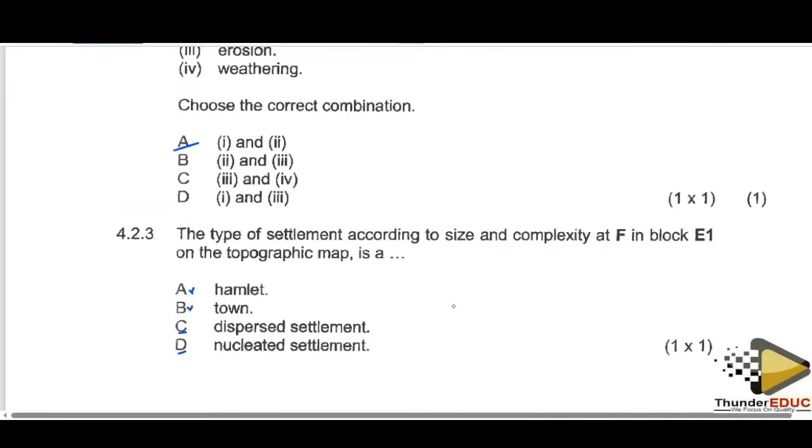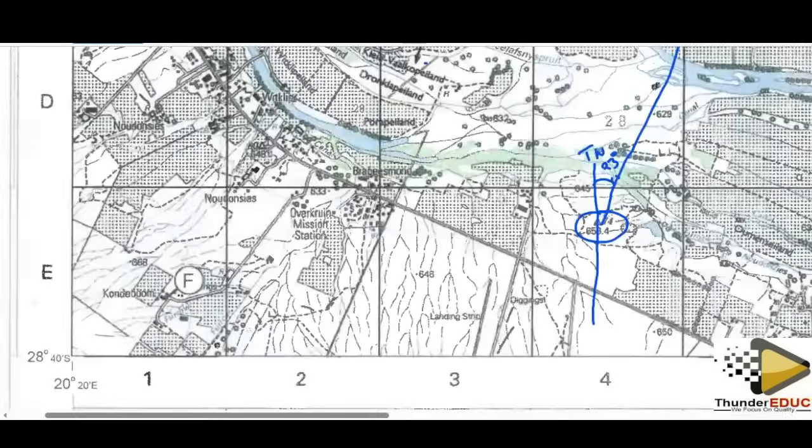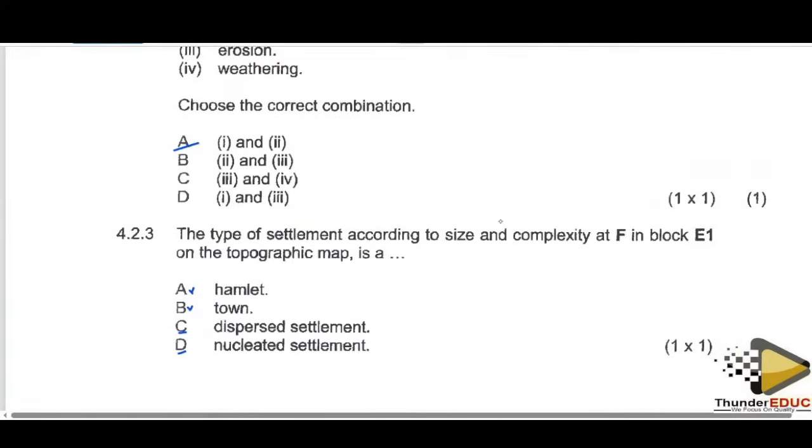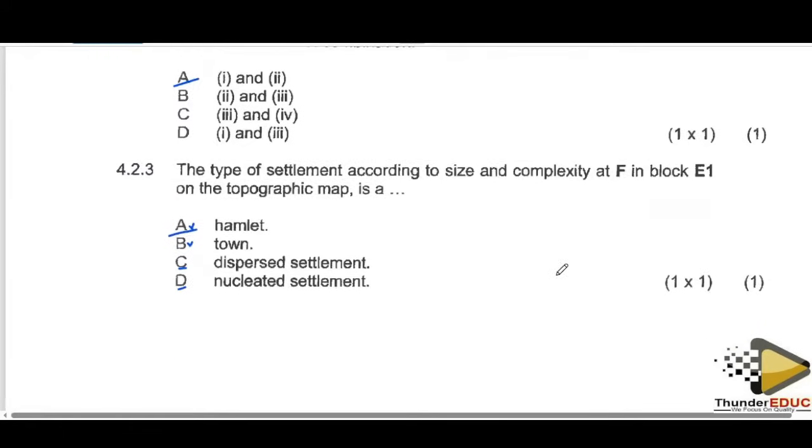And since at this point you can see the farms even have names, it could be commercial farms, but there are these small dwellings or settlements, which means this is a hamlet. So we're going to take option A as our correct answer.